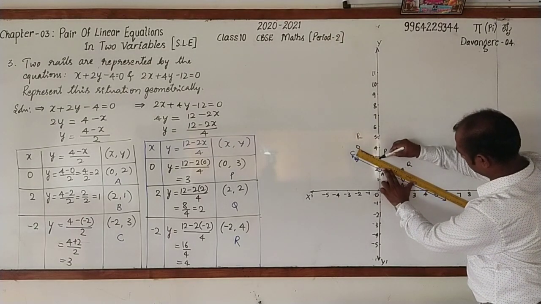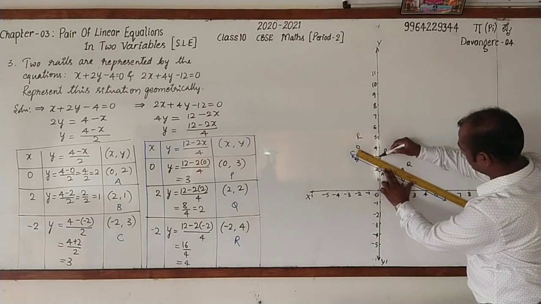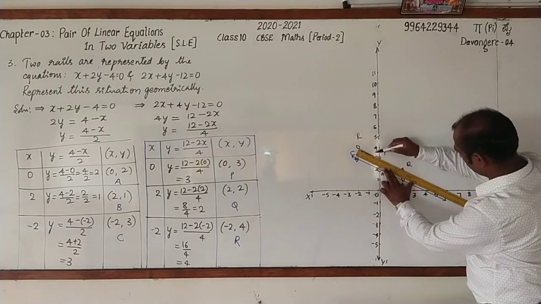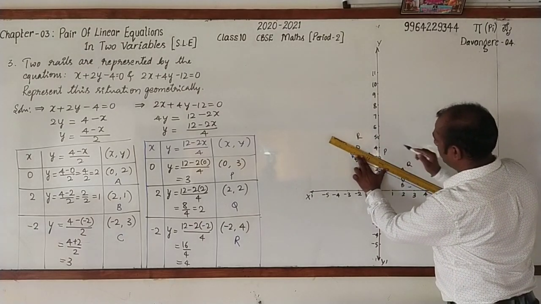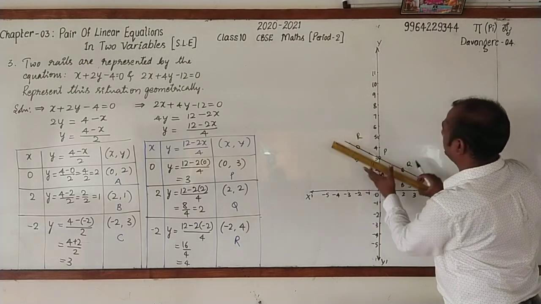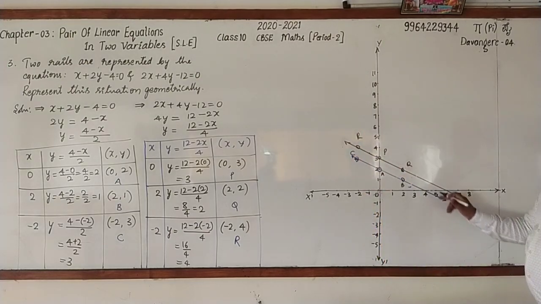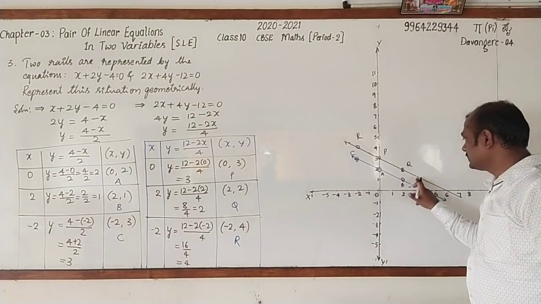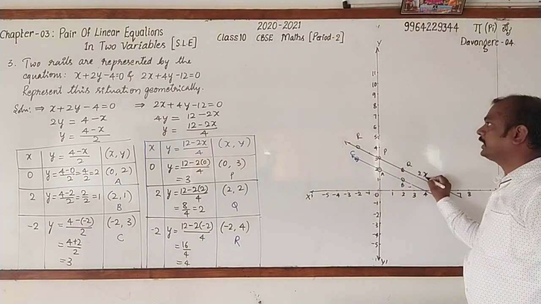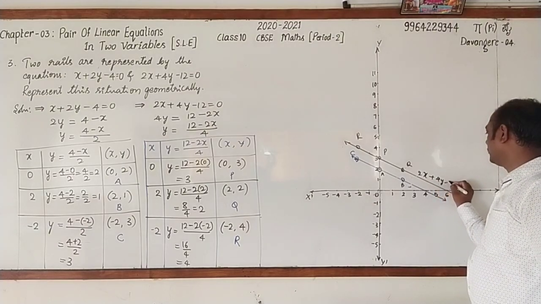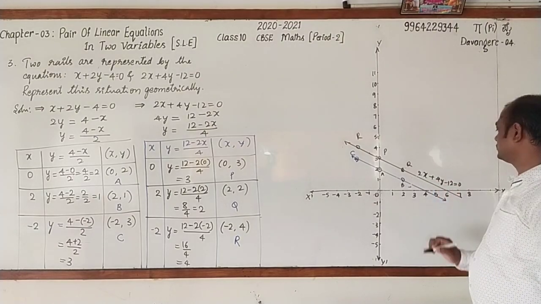Observe. Yes. Now, this is the graph of the second equation, 2x plus 4y minus 12 equal to 0.